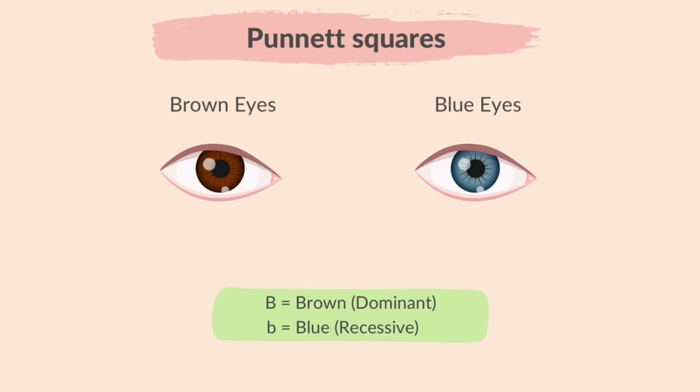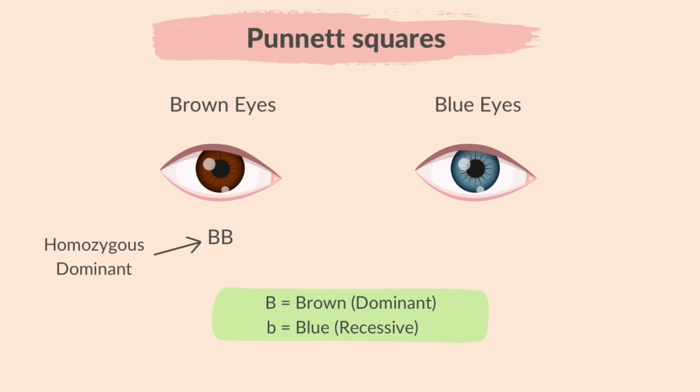If a question doesn't specify the letters for alleles, you can choose any letter to represent them. Just make sure to use the same letters consistently in your discussion and avoid using letters that look similar in their capital and lowercase forms, like capital C and lowercase c.